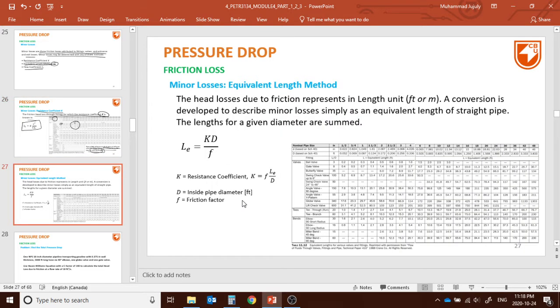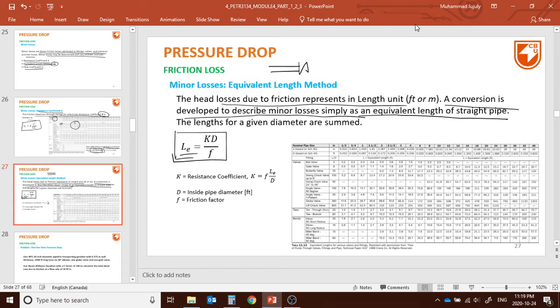The equivalent length, LE, is equal to K times D divided by F. So the head loss due to friction is represented in length units, and the convention was developed to describe minor losses simply as the equivalent length of straight pipeline. How is that? Let me quickly give you one example. For instance, you have a pipeline and you have a valve.